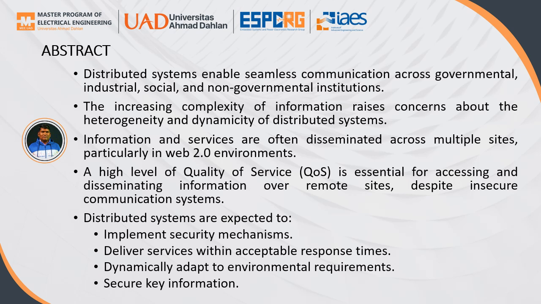A high level of quality of service is essential for accessing and disseminating information over remote sites despite insecure communication systems. Distributed systems are expected to implement security mechanisms, deliver services within acceptable response time, dynamically adapt to environmental requirements, and secure key information.